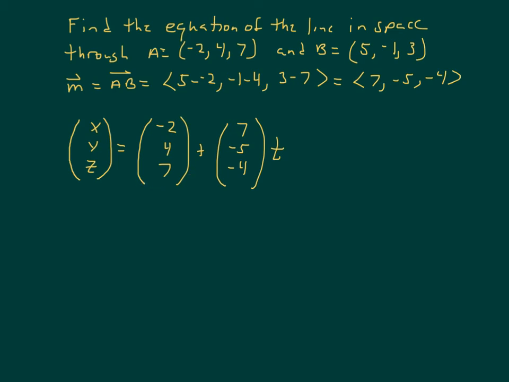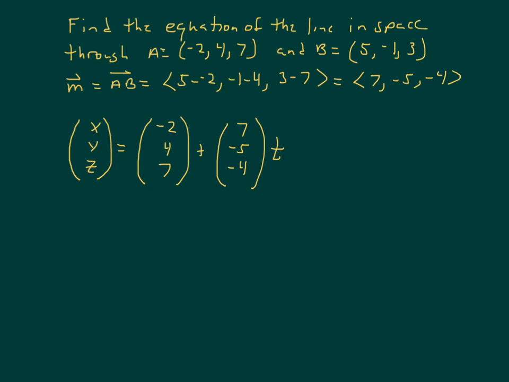When I find that vector from A to B, I get 5 minus negative 2, then negative 1 minus 4, 3 minus 7, and I get the vector (7, -5, -4). And so in this case, (x, y, z), because it's in 3-space, equals (-2, 4, 7) plus (7, -5, -4) t.